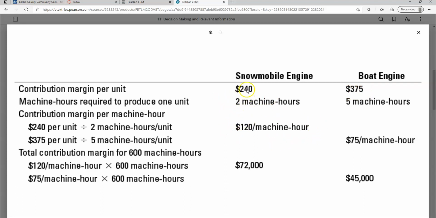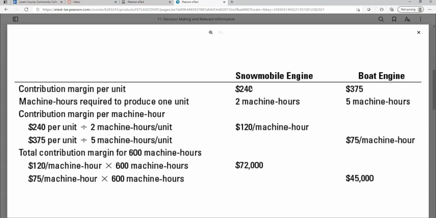So I'm going to take my contribution margin per unit, and here's how I'm going to figure this out between the 2 alternatives. Take my contribution margin per unit and divide that by the machine hours required to produce one unit, or by the amount of the constraining resources I am going to consume in the making of that product, whatever it is.